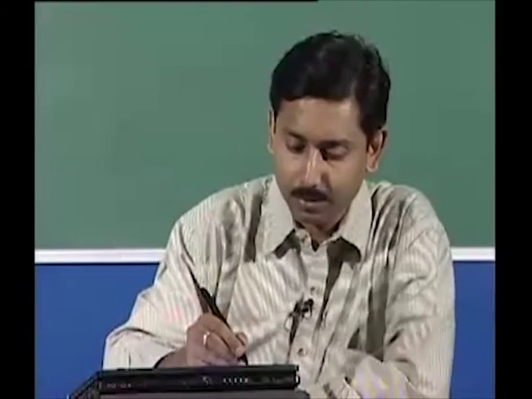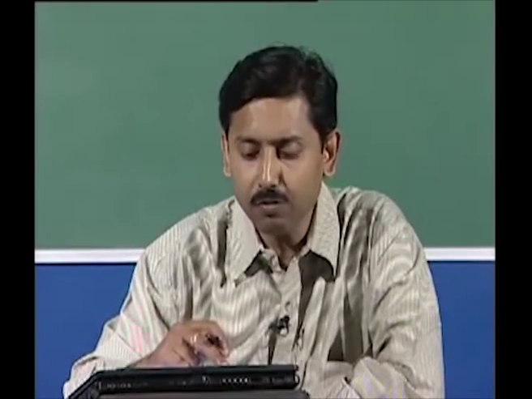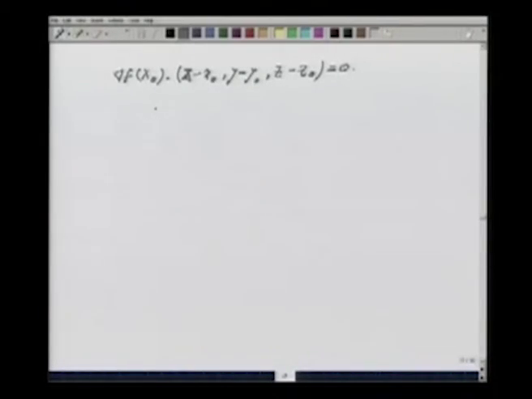Well, I again look back at the equation of the tangent plane. So it is grad f at x naught dotted with the vector x minus x naught, y minus y naught, z minus z naught. This is equal to 0. Now x naught, y naught, z naught is a point on the tangent plane, and so is x, y, z. But the dot product is equal to 0. That means grad f at x naught is a vector which is orthogonal to the tangent plane.